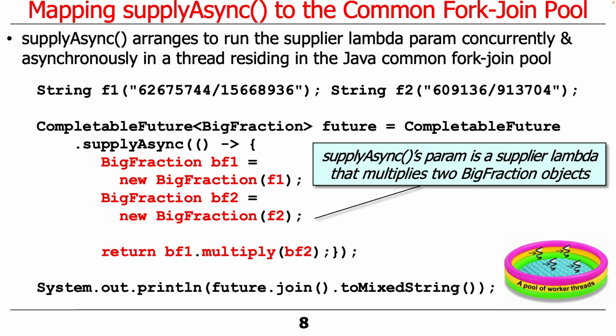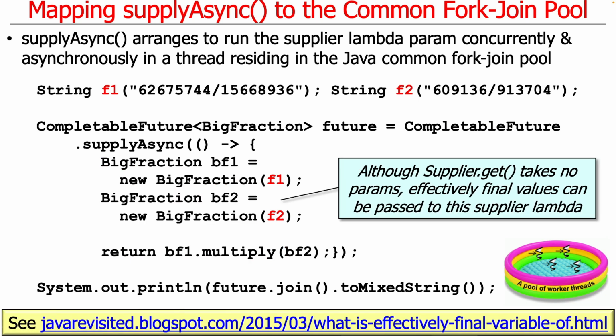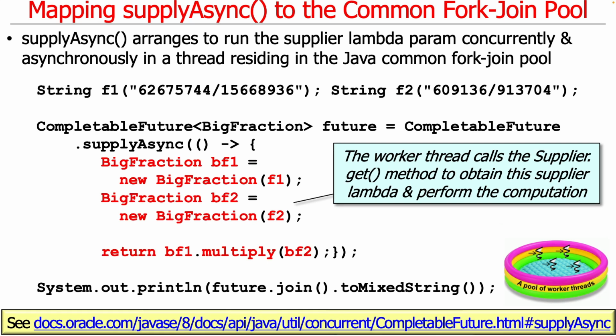At any rate, what happens here is supplyAsync is going to take this supplier lambda that multiplies two big fraction objects together, and it's going to stash it away. And again, we're using effectively final variables to pass parameters to that supplier lambda.